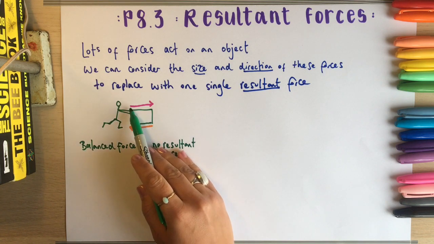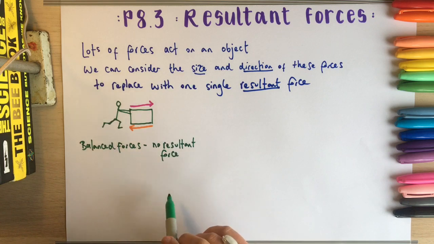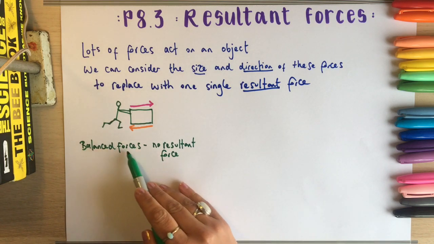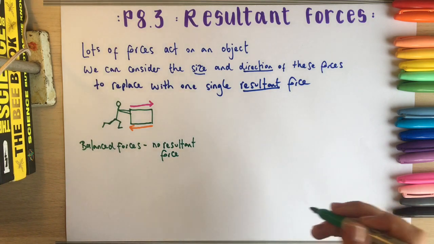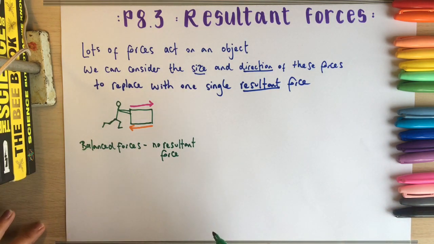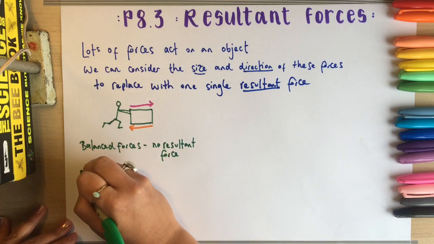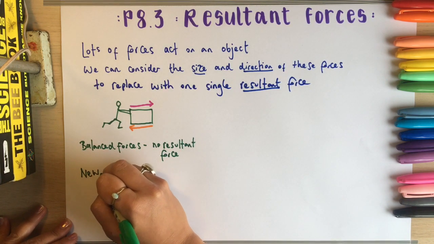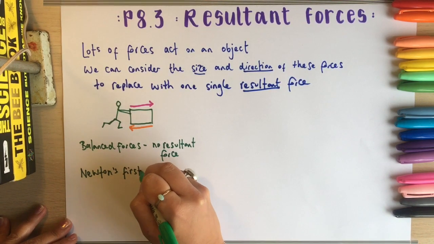We can see that these arrows are the same size and they're in opposite directions, so they will cancel each other out completely, which means that they're balanced, and it means that there is no resultant force overall. Okay, so we need to know what happens when the resultant force is 0, and this is basically Newton's first law of motion.